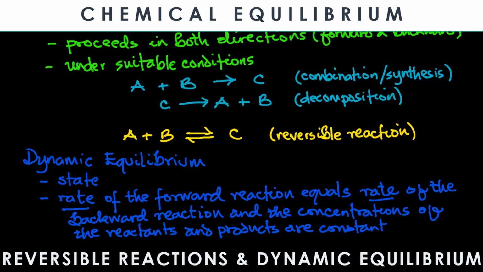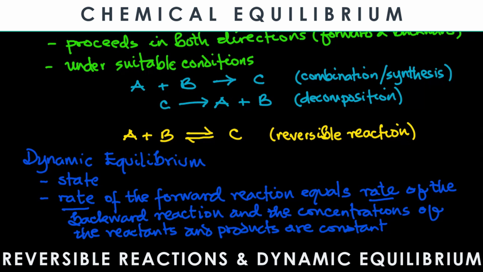One of those properties is concentration. So if the system is at equilibrium, the concentrations of the reactants and products will not change over a period of time. So that is dynamic equilibrium.